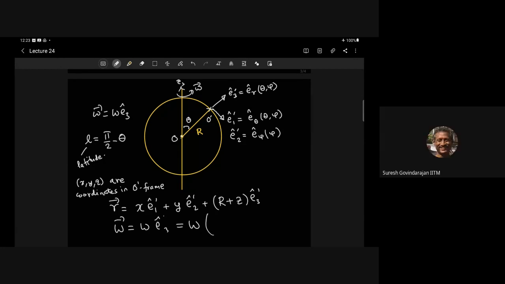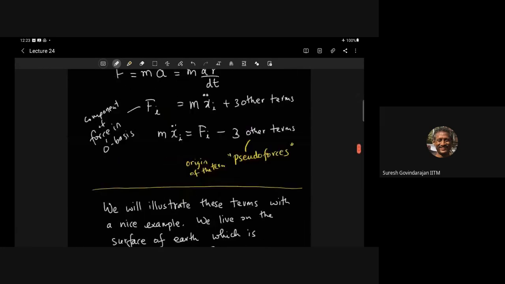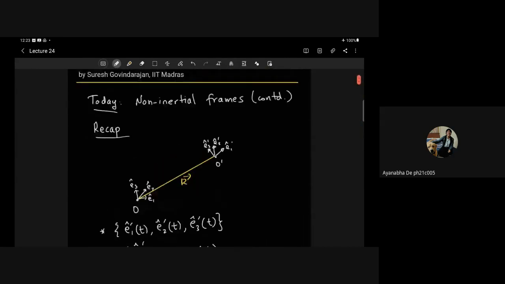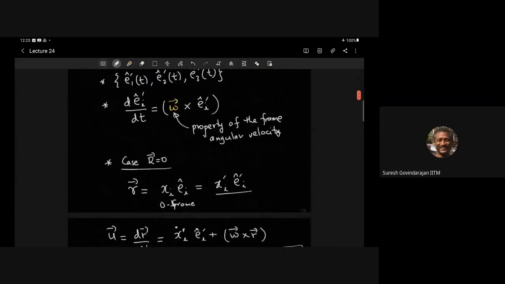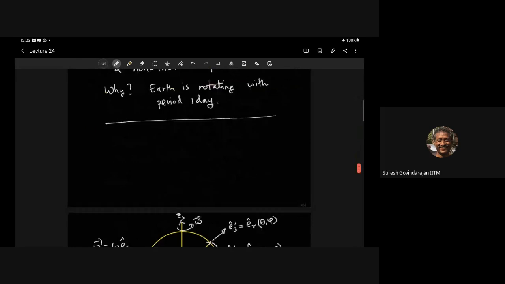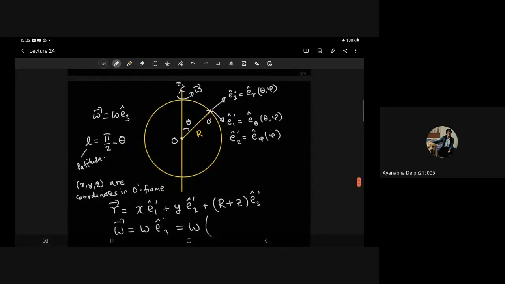Because I'm doing it with respect to the frame O. This R is non-zero in my example. I just did this calculation, I'm just putting that in.